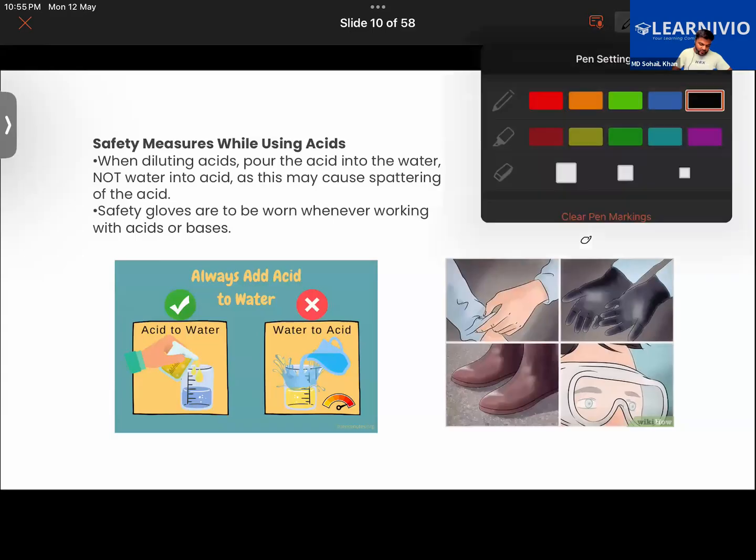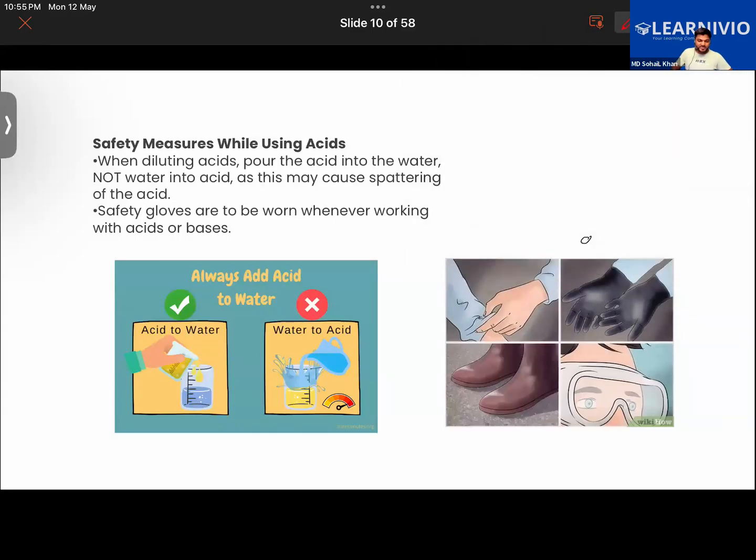Further, you can see how we can dilute an acid. Suppose someone has taken acid in a glass beaker and directly pours water over it, it will lead to a small explosion. The right manner of diluting an acid is to take a beaker, fill it with some amount of water as per the requirement, and then keep adding acid drop by drop.